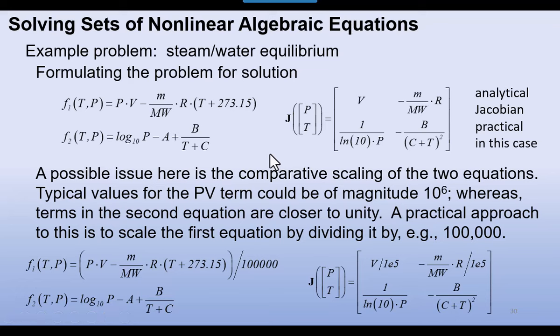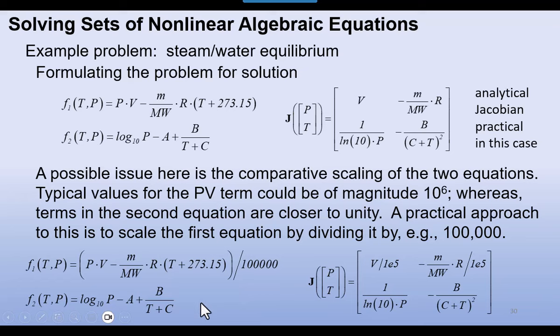And then we take a look at a practical situation: if we start to calculate values for these two equations, we find that the PV term, using the units we've adopted, could have a magnitude of about 10 to the 6th, whereas the second equation is closer to unity. This provides a bit of a scaling difficulty, so a practical approach is to do an arbitrary division of the first equation, in this case by 100,000, and then the equation errors are comparable.